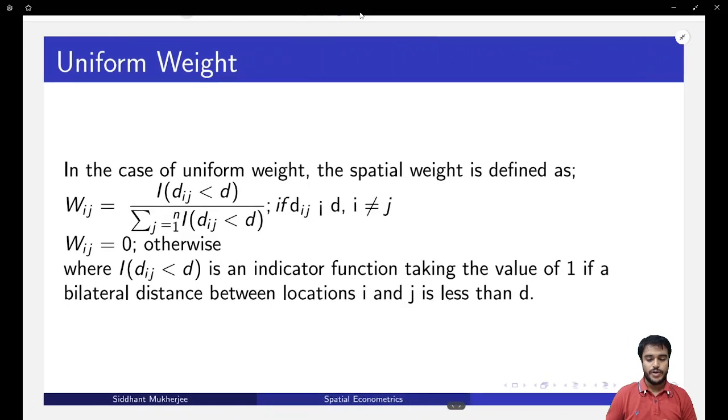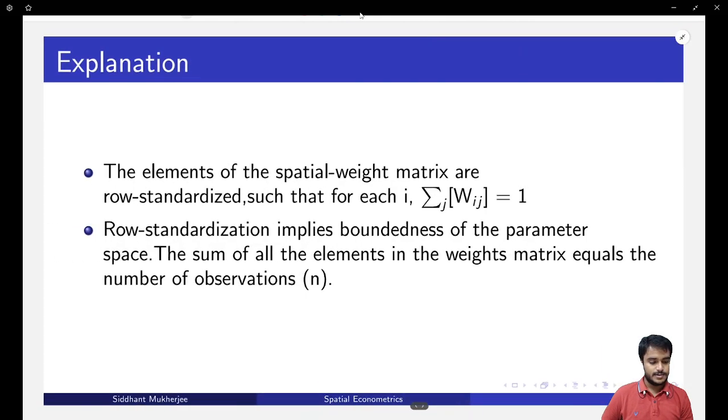Now we come to another structural form of the weight matrix, the uniform weight matrix. In this case, a spatial distance. We know that for row standardization, the summation of wij equal to 1 implies the boundedness of the parameter space, and the sum of all elements in the weight matrix is equal to the number of observations.